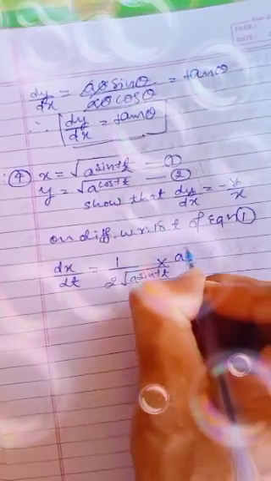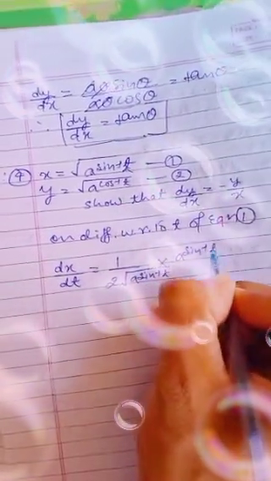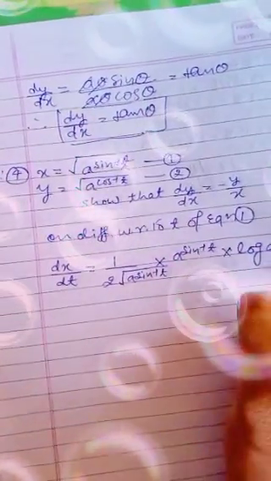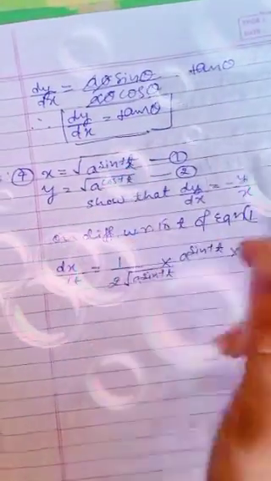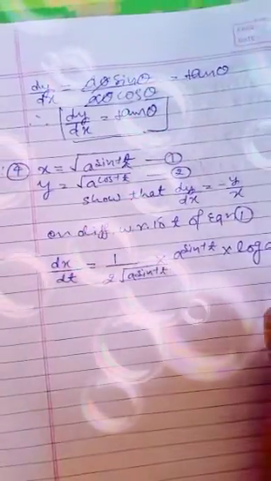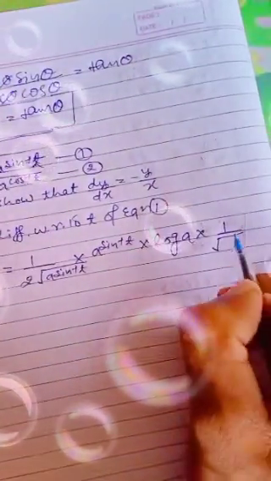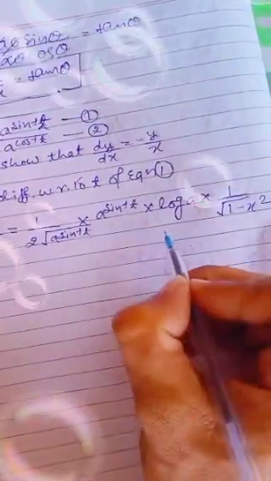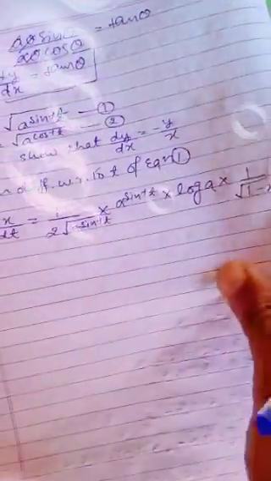So a raised to the power sin inverse t and log a, and the differentiation of sin inverse t is 1 upon under the root 1 minus t square.